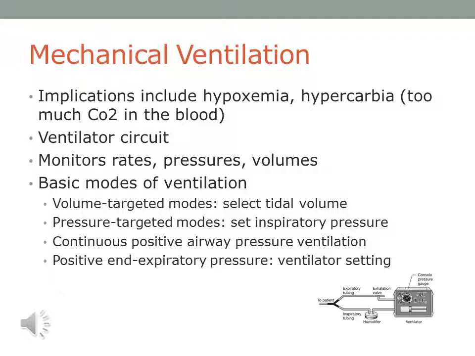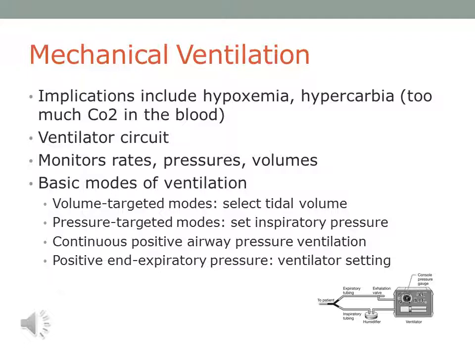And there are a couple different modes of ventilation. We talked a little bit about this in the upper and lower respiratory lectures, and I told you we would talk about them in more detail when we came to the complex. So here are the different types of modes of ventilation that you might commonly see. The first is the volume targeted mode. Just like the name indicates, this is also called volume controlled.